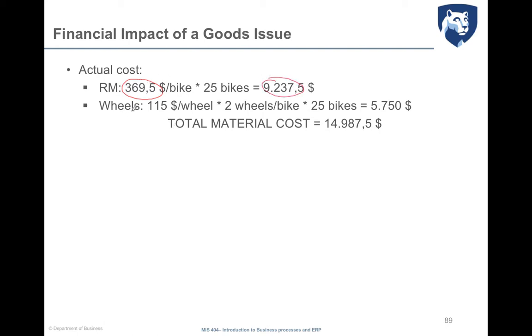Wheels instead are kept at the same price level. So we have 2 wheels per bike at the cost of $150 per wheel. This means that the total material cost is $14,987.5.